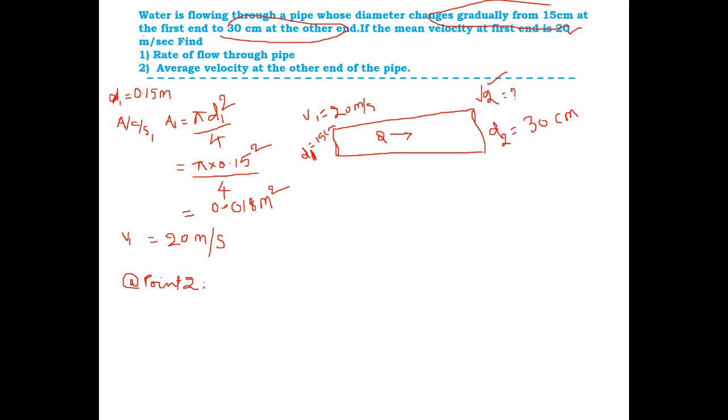This is at point 1. Here point 2. At point 2, diameter of the pipe D2 is equal to 0.3 meters.